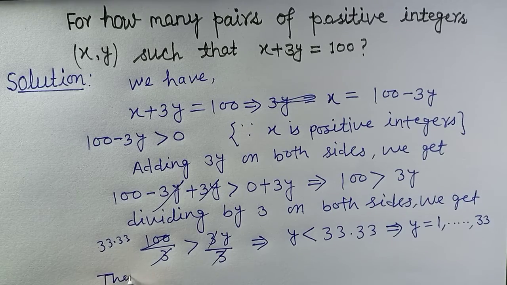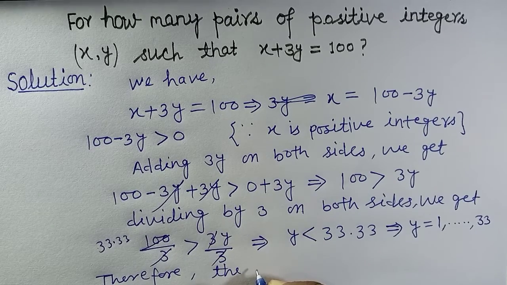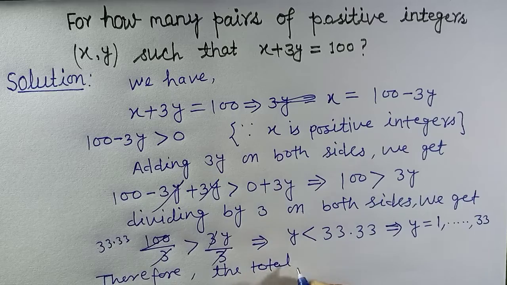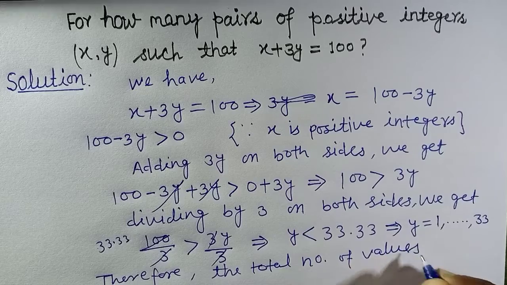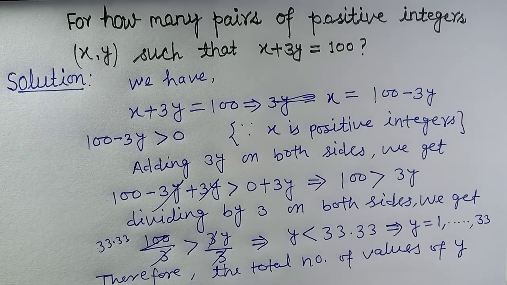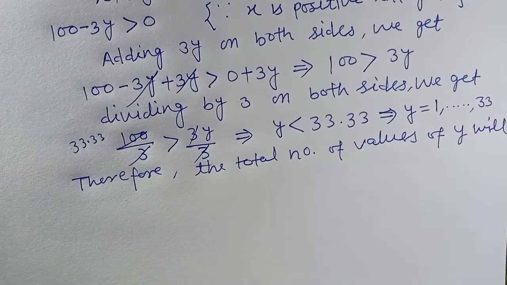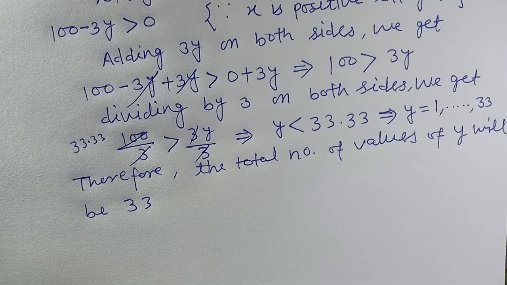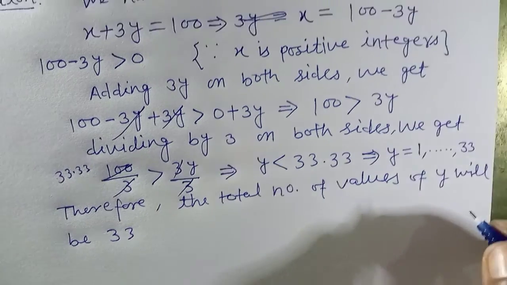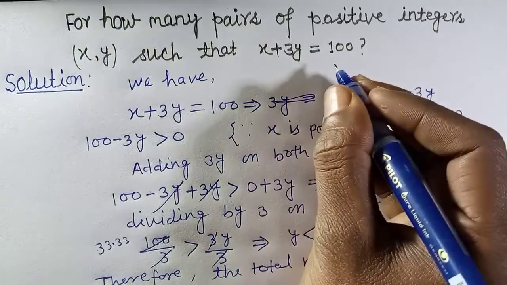Therefore the total number of values of y will be 33, because it is given that x and y are positive integers.